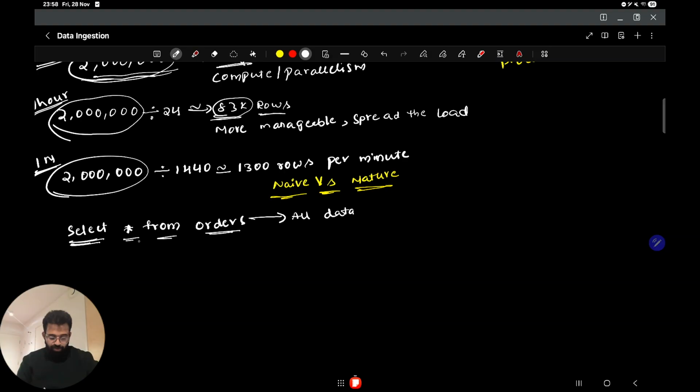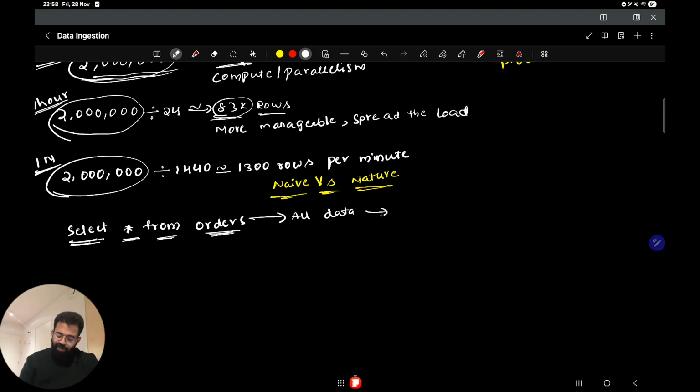So if you try to do select star from orders, it might work, until it does not, right? Because it will work for a certain period of time, and then it just stops working, because the data volume is just too huge to handle. So you need to frame your strategy accordingly.